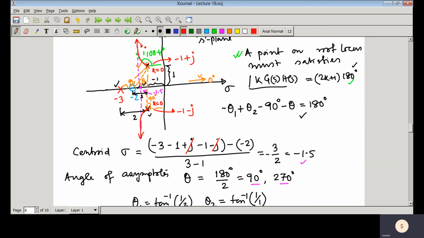And you can see when k tends to infinity, the root locus follows the asymptotes and it would be a straight line. In this particular one, the root locus is going from -3 to -2, and here two branches are like that, and this angle is called the angle of departure.